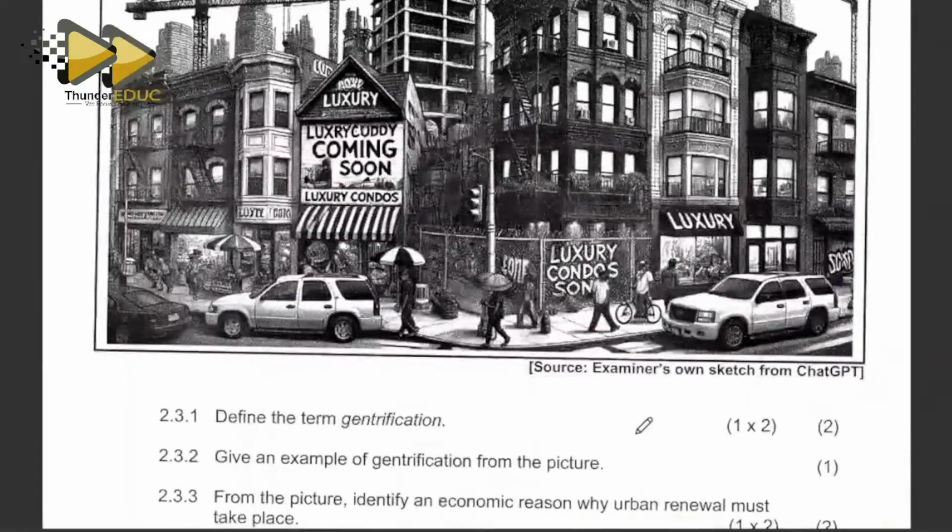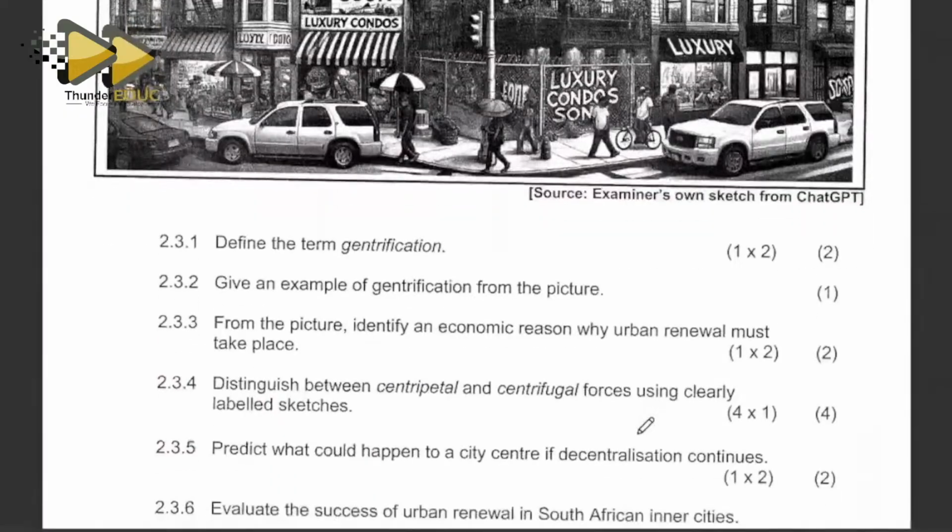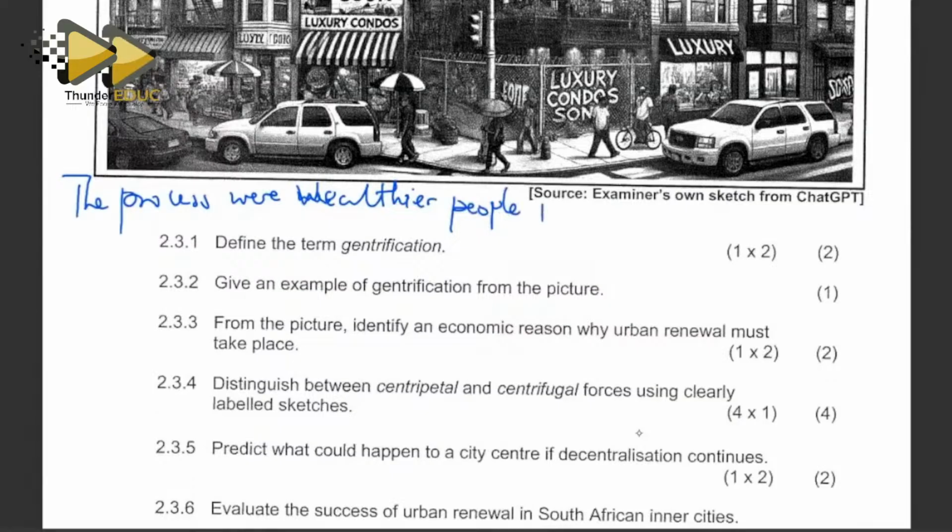Right, moving on to the next question. Define the term gentrification. That is a geographical term which relates to the process where wealthier people move to previously low income or working class neighborhoods.